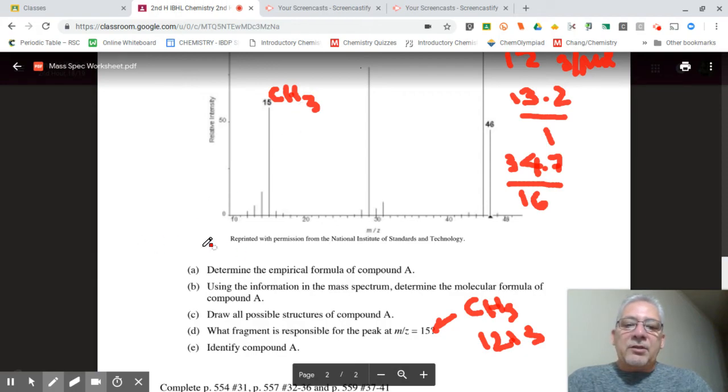And the compound, I just did all the calculation, will be an ester. That will be this formula. And then you don't have to answer how many structures the compound has because that will be a topic for organic chemistry.